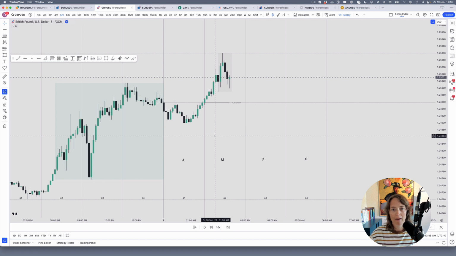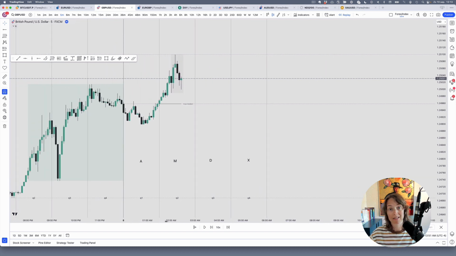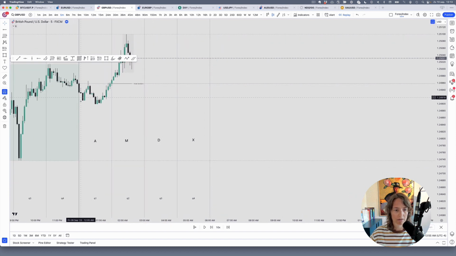So when we apply that theory, this is where ICT came up with these kill zones, right? Because if we take the London session as 6 hours from noon, is it noon? No, that's not noon. It's hard for me to talk in AM and PM because we have a 24-hour clock, right? So midnight to 6 a.m. are all the quarters where London happens.